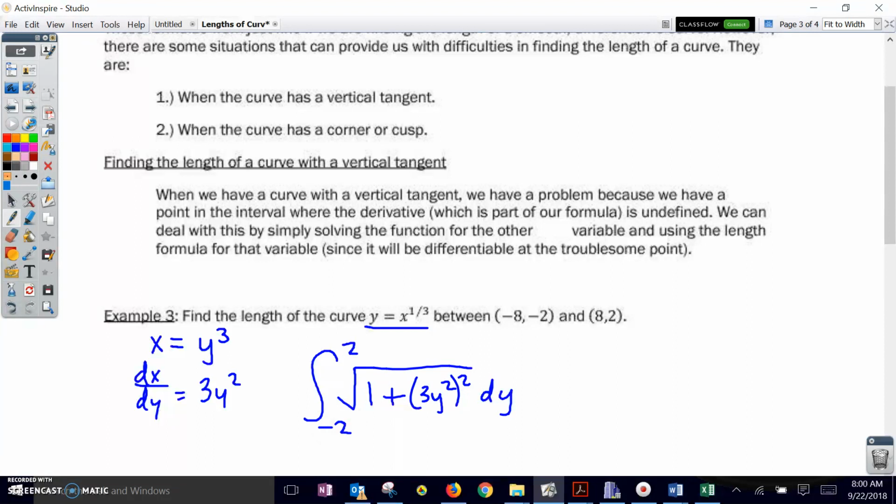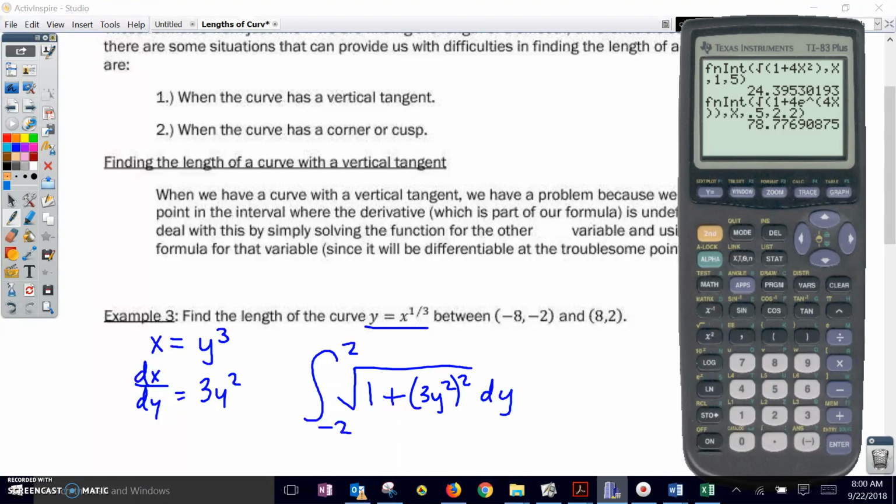So I'm going to use -2 and 2 as my limits of integration here. And then it's calculating time. Go ahead and set up our integral. The square root of 1 plus 9y to the fourth from negative 2 to 2.